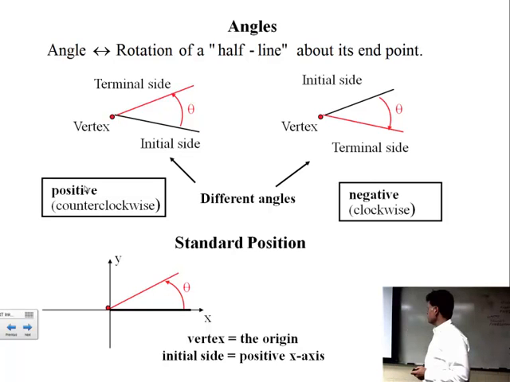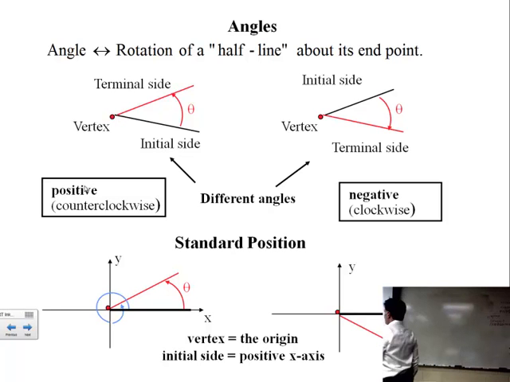So that'd be theta. That would be a positive theta. That would be a negative theta. We might rotate a lot more. So notice that the blue line, we start with the initial side and rotate one complete revolution and then an extra theta beyond that.